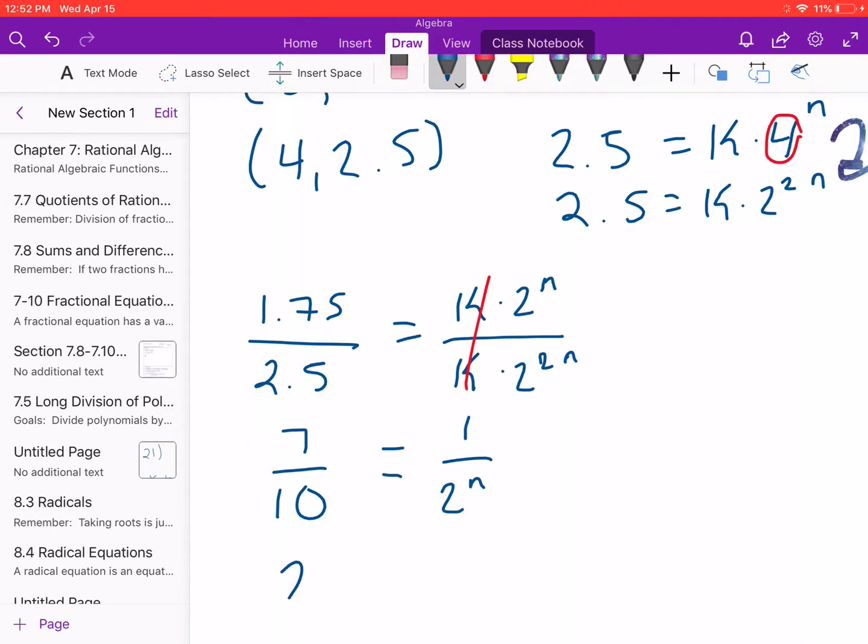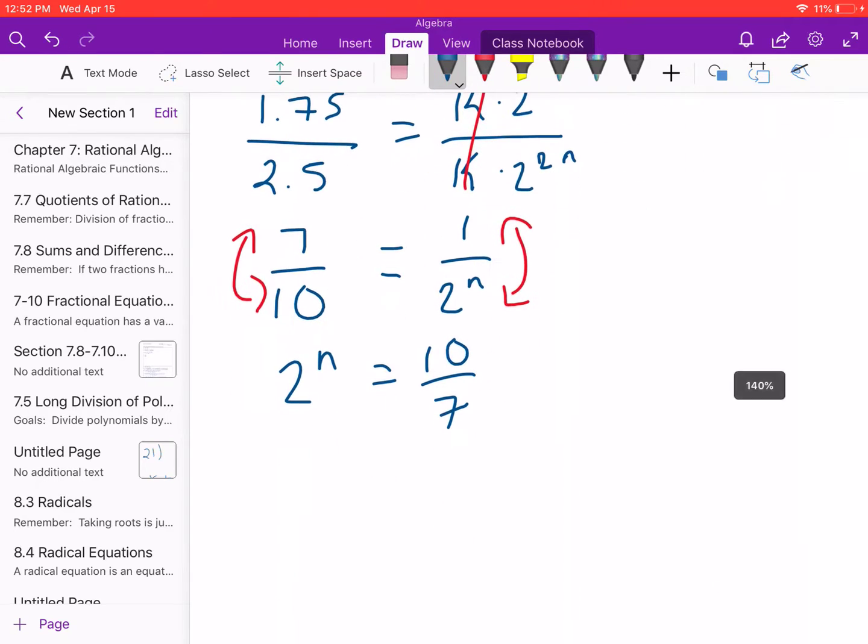On the right side, I can go ahead and simplify, and my k's are going to cancel, and I have 2 to the n all over 2 squared to the n. And that side of the equation is also going to simplify to 1 all over 2 to the n.